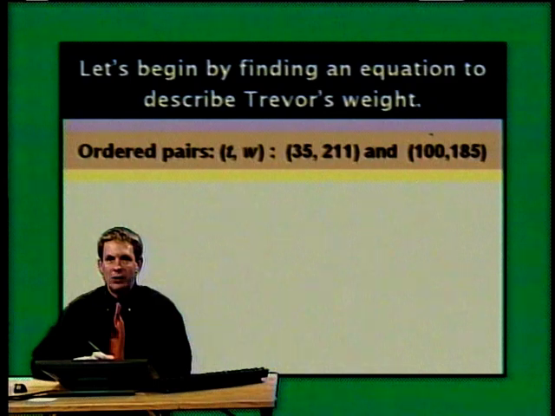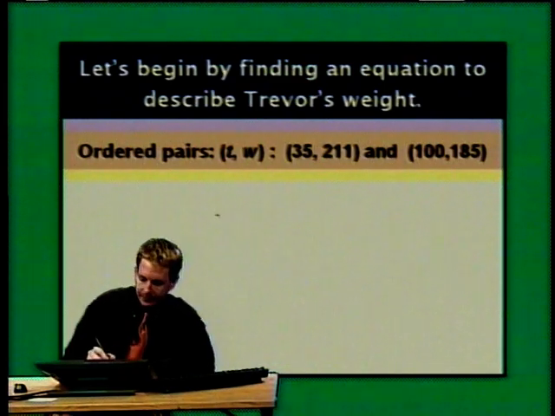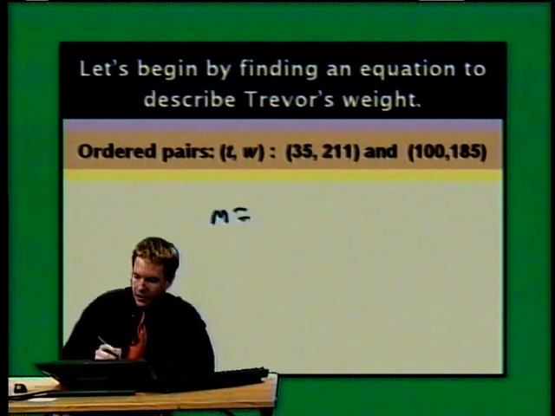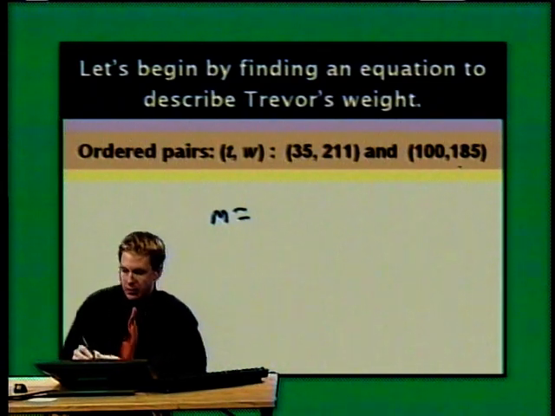If we want to find an equation for this line, the first thing we need to do is figure out the slope of the line. So I'm going to calculate the slope, including units, in my calculation. So the slope is going to be, I'm going to think of the second point as my (x2, y2) point.